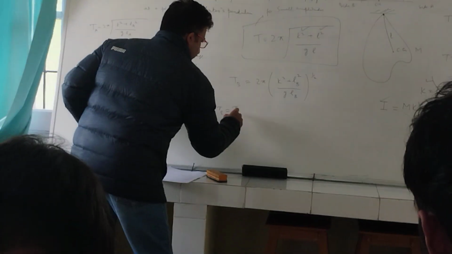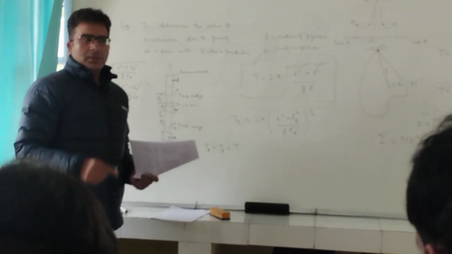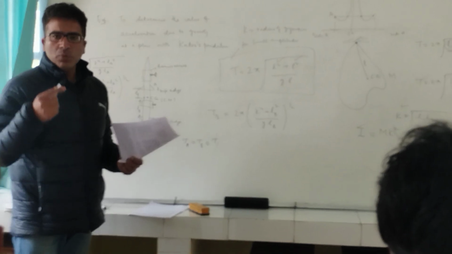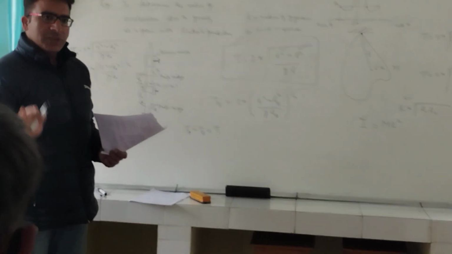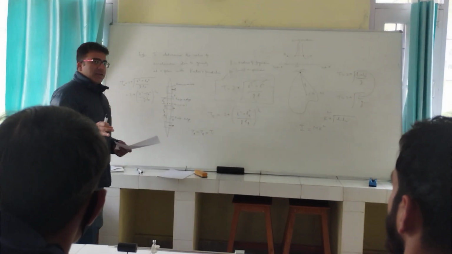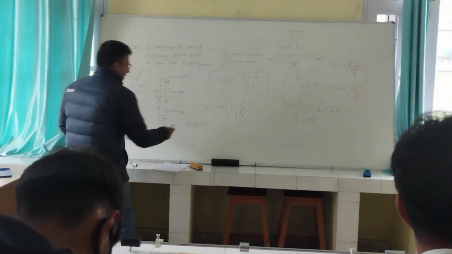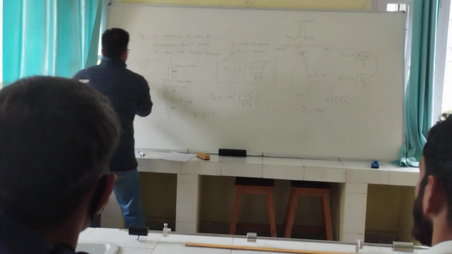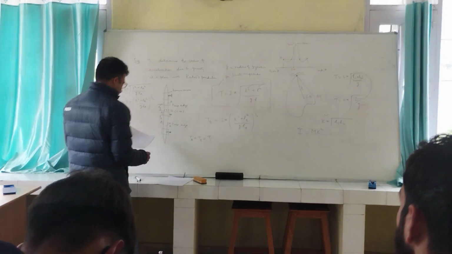So you make adjustment in LA or LB or both. That means you can move one knife edge or another knife edge or both. That's up to you, until the time period of oscillation about both the knife edges of the Kater's pendulum is the same and equal to T. So equate now these formulas. When you equate TA and TB, 2 pi will go.